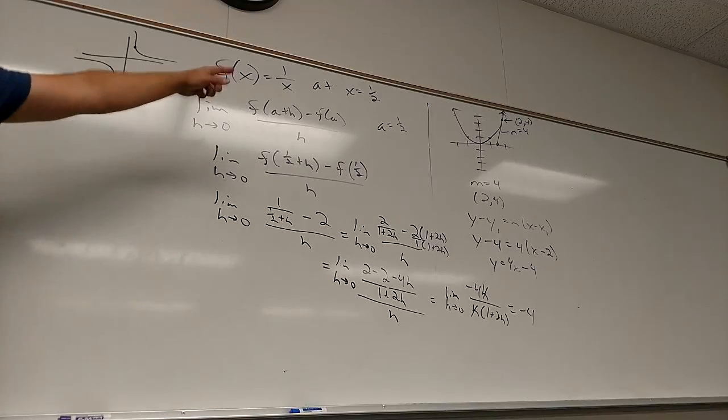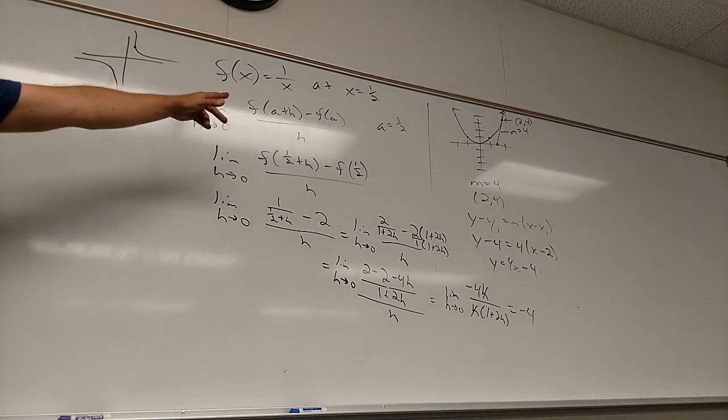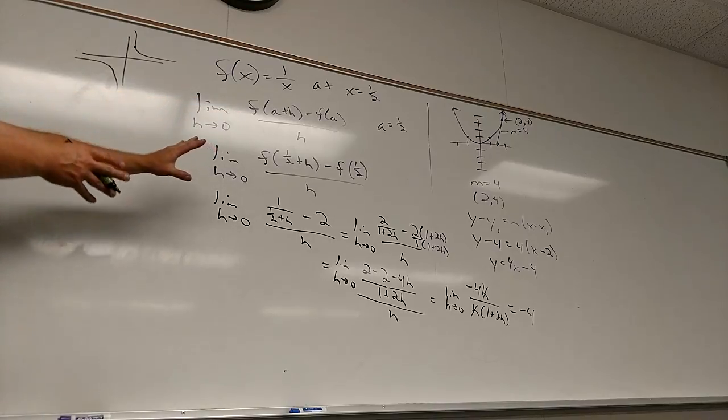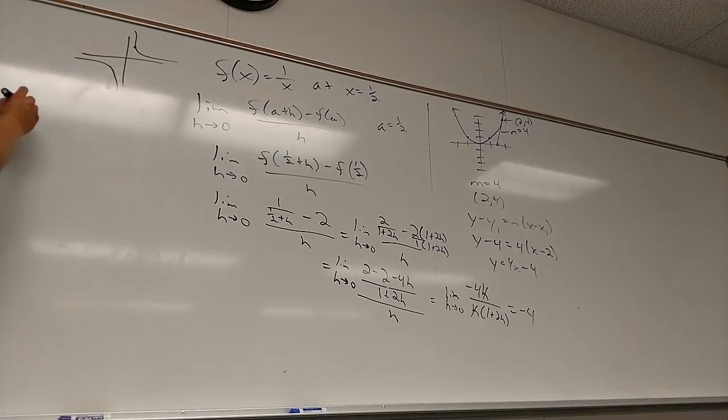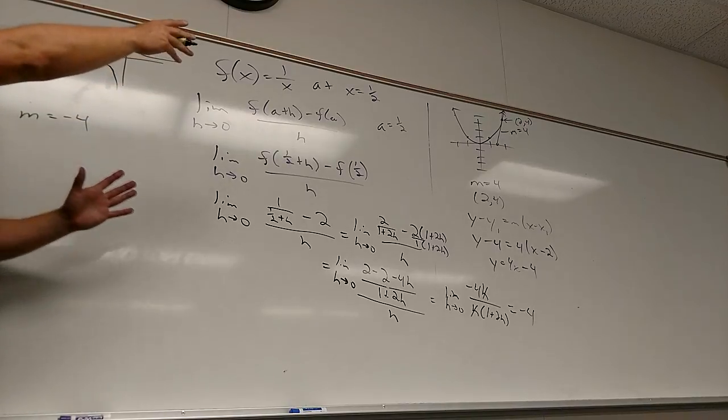So if I wanted to get the tangent line equation, what information do I know to get that? What about negative 4? What is that? Slope. M is negative 4 at x equal to 1/2.